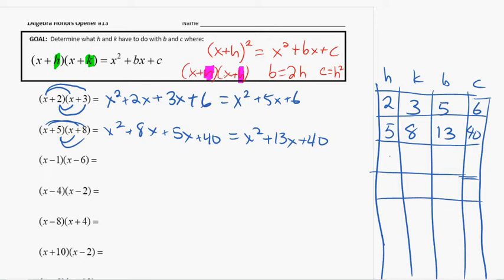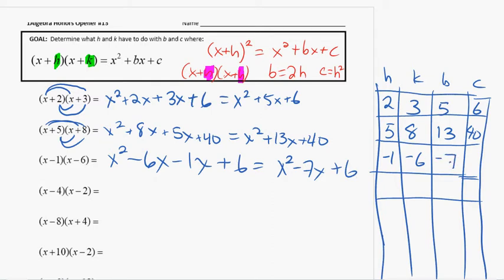So here I'm trying -1 and -6. X squared minus 6x minus 1x plus 6, which is the same as x squared minus 7x plus 6. Minus 7, plus 6.